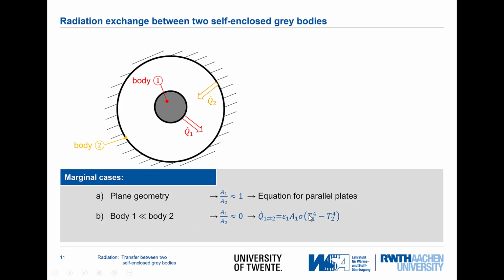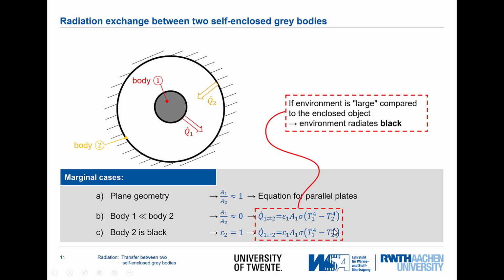We get just this equation. If body 2 is black, epsilon 2 is 1, and we get the same equation. Or from this we can conclude if the environment is large compared to the enclosed object, the environment radiates black. So that's quite a simplification, but something worth to note because you may be able to use that when solving similar or other problems.